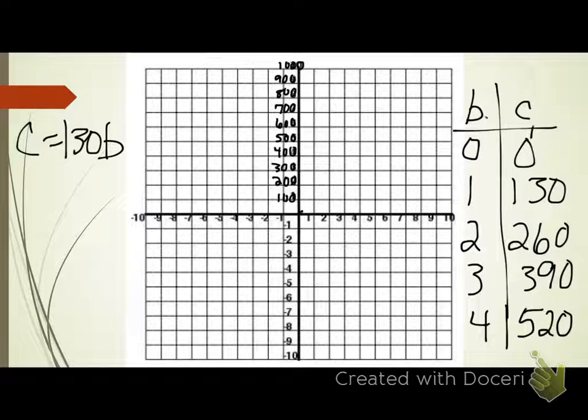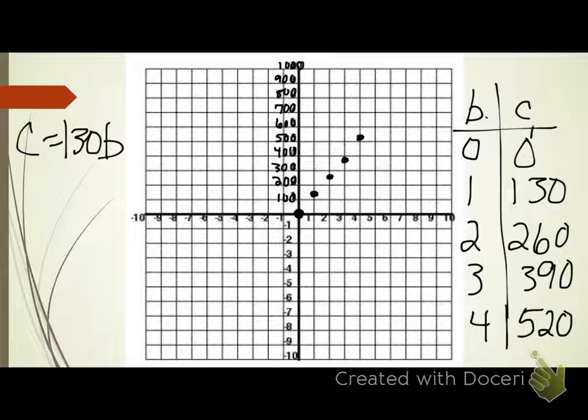That's my origin again. 1 comma 130. I went right 1 up 130. 2, 260. I'm going right 2 up 260. 3 comma 390. I'm going right 3 up 390. 4, 520. I'm going right 4 and up 520.